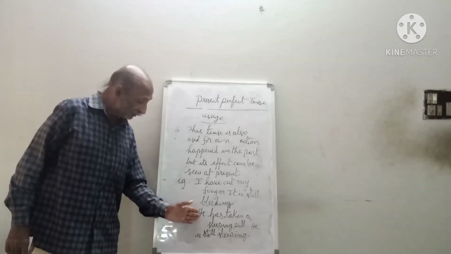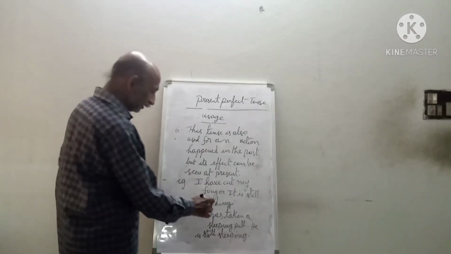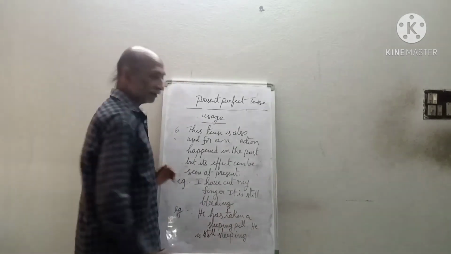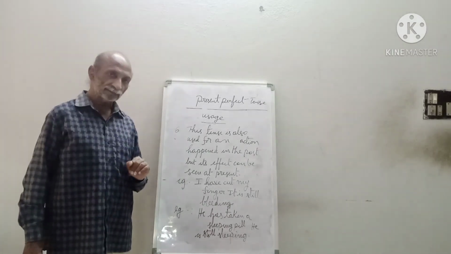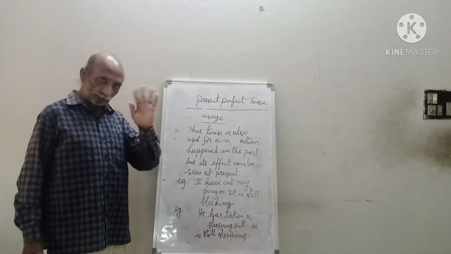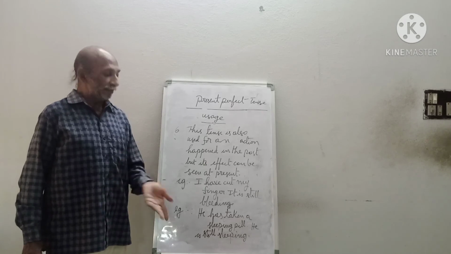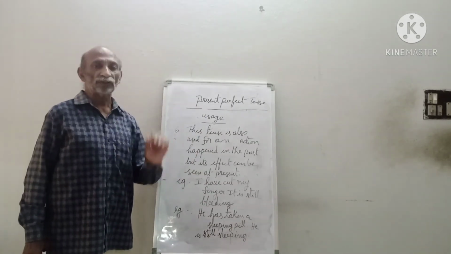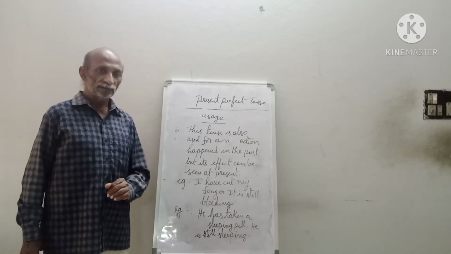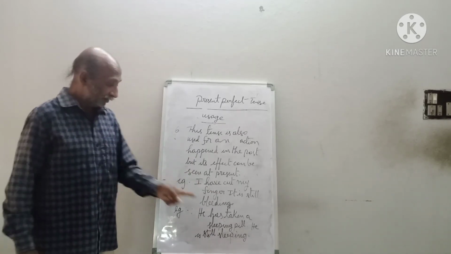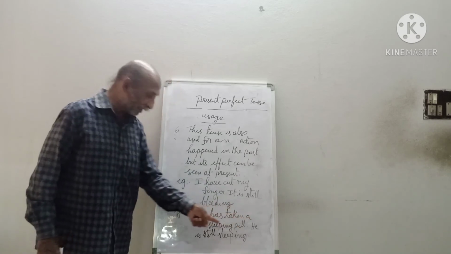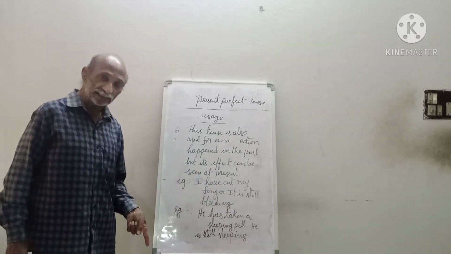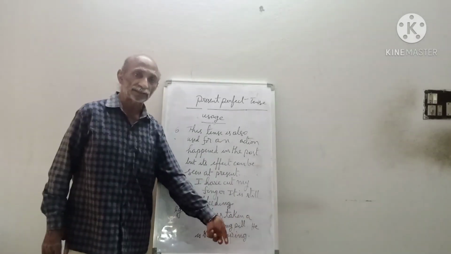Take a look at another example. He has taken a sleeping pill. Last night he took the sleeping pill at 10 o'clock. Next morning, even though it is 11 o'clock, he is still sleeping. So, the effect of taking the sleeping pill can be seen even at this moment.